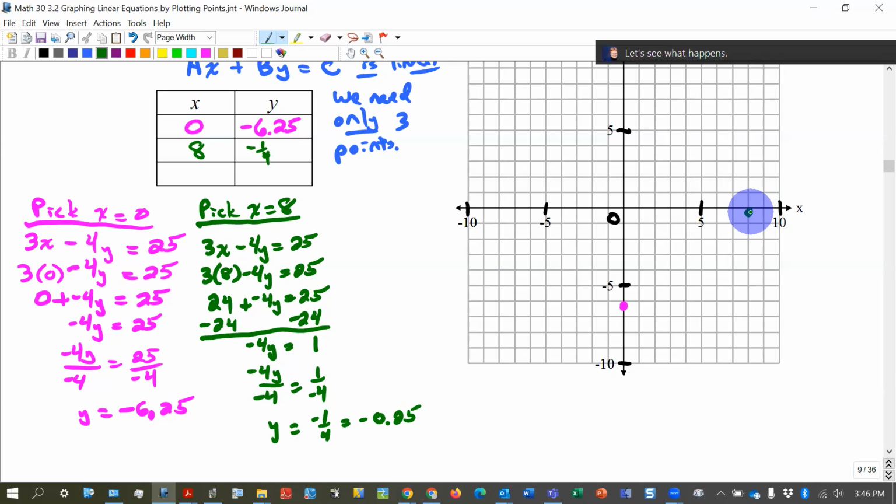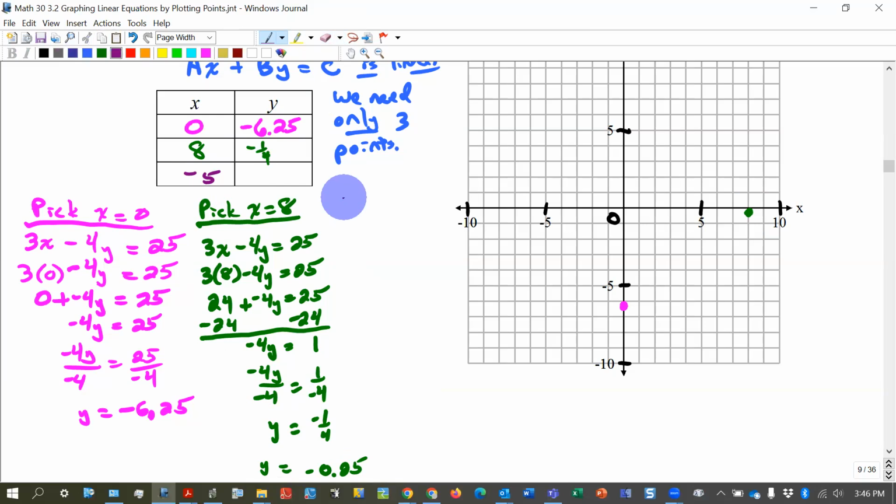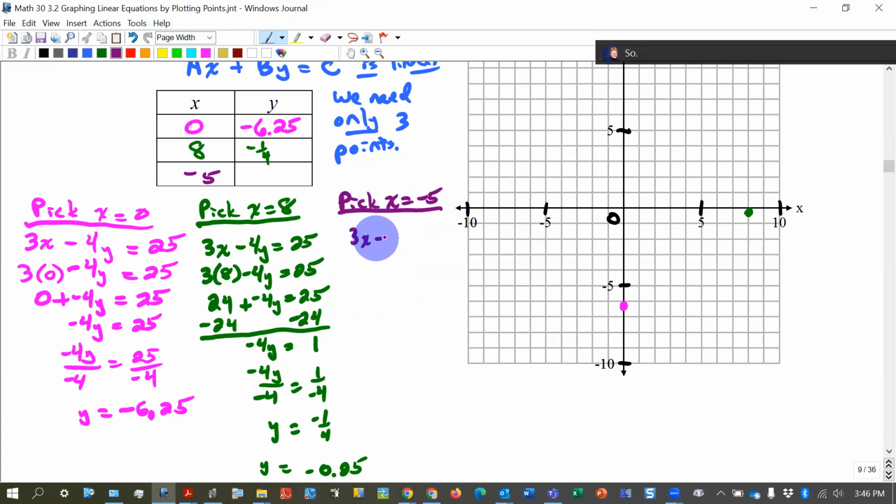Let's see what happens. Suppose I pick negative 5 for X. I'll write this down here. So 3x minus 4y is 25. I'm going to take out the x, replace it with -5.